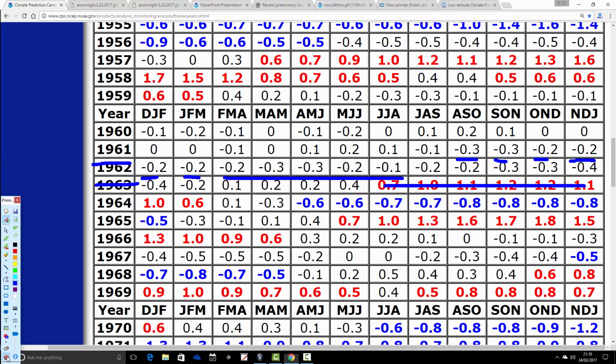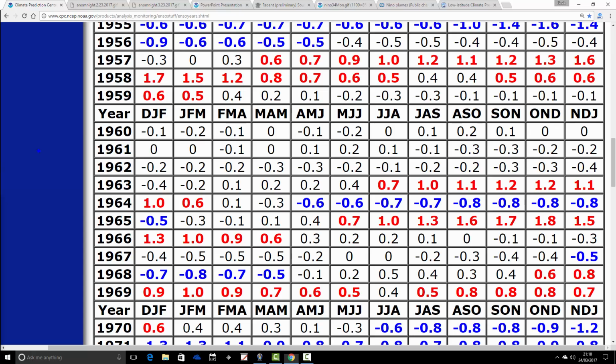But at one point, and it wasn't that long ago, just a couple of years ago, these numbers, just here and just here, they were actually blue. It looked like the latest update a couple of years ago was that it was a really weak La Nina winter. But they've tweaked it, they've pulled it back closer to neutral again. And so now the winter 62-63 is just designated as an ENSO neutral winter.